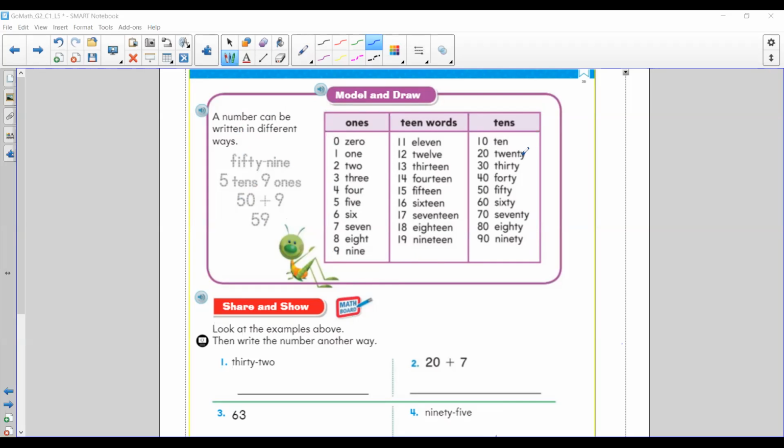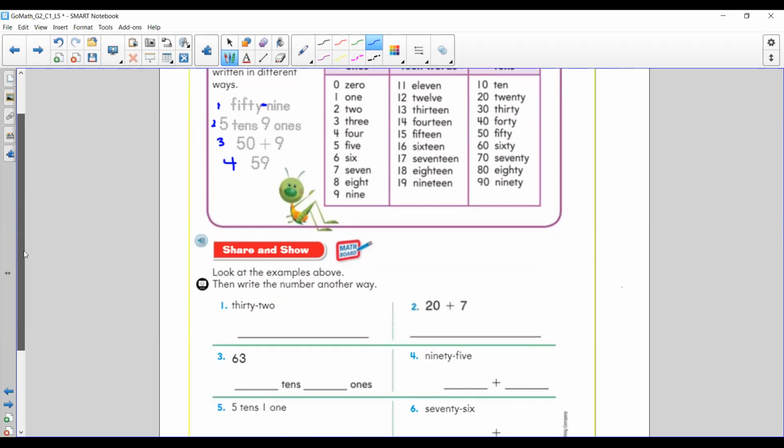Anytime you use one of the tens that end with the TY and one of the ones, you put a little hyphen. There's that little hyphen right in between when you write the word. So actually, how many ways is this? Well, let's see. That's 1, 2, 3, 4 ways to show the numbers. That's a lot of different ways.